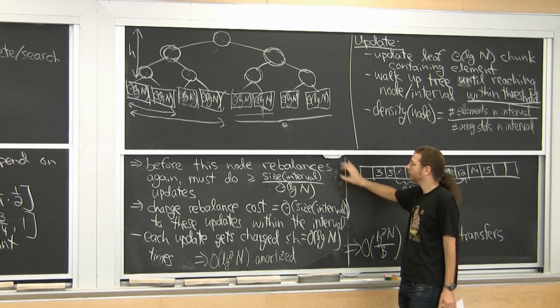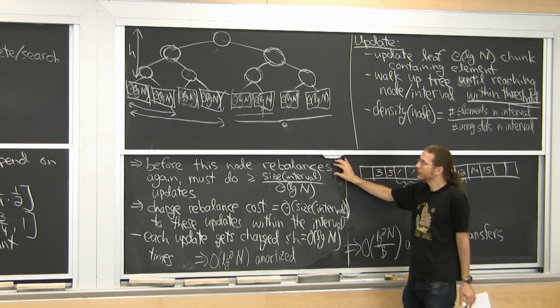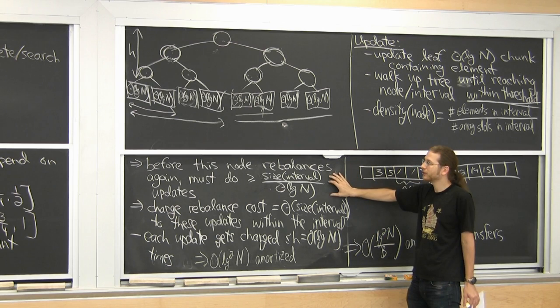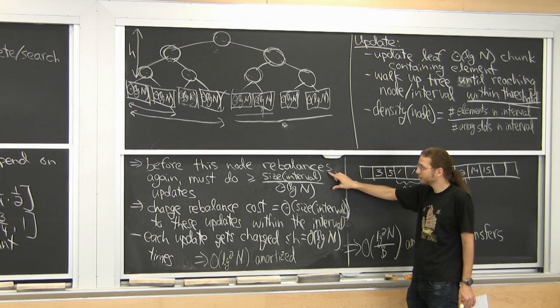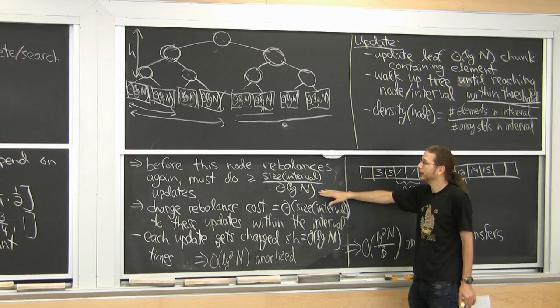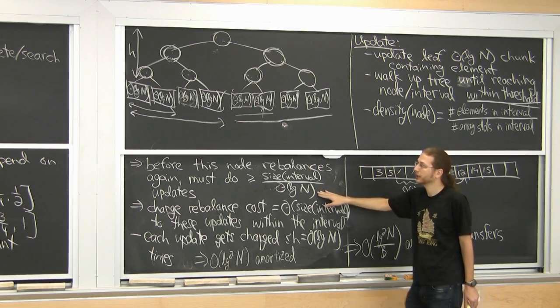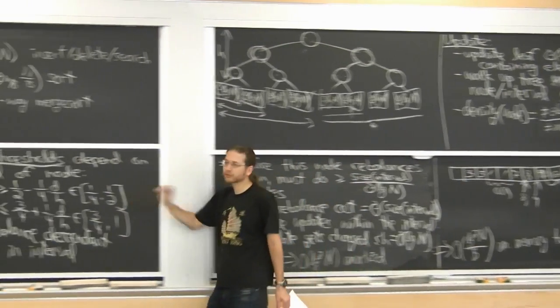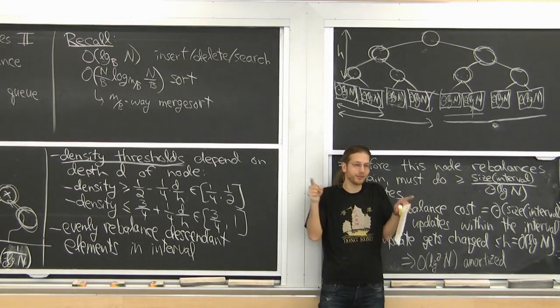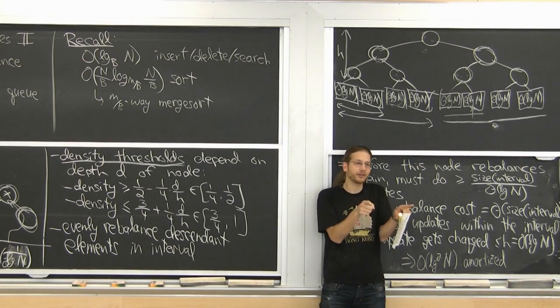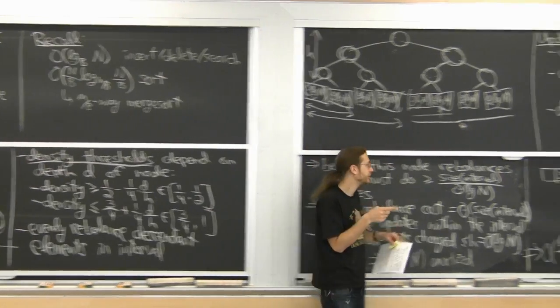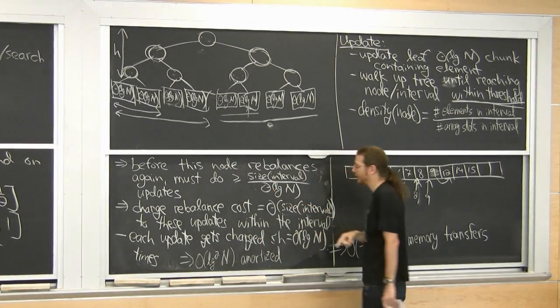And then whenever a node rebalances, before it rebalances, one of its children had to be out of whack. For one of its children to be out of whack, there had to have been an insertion of at least the size of the interval divided by log n, because log n was h. There's a slight discrepancy here. We're talking about the size of the parent interval versus the size of the child interval, but that's just a factor of 2. Okay, so that's incorporated by this theta.